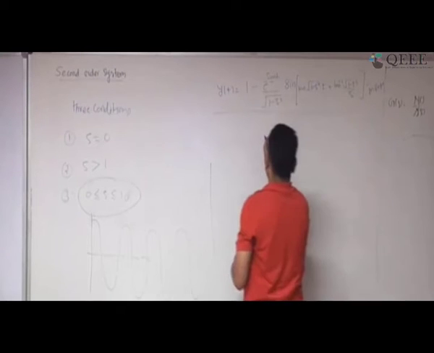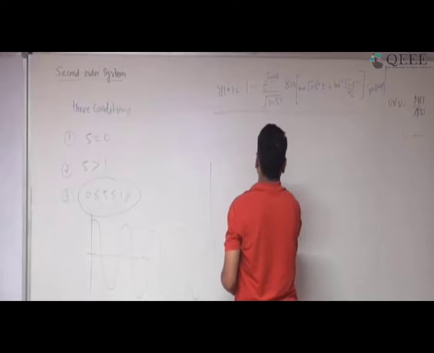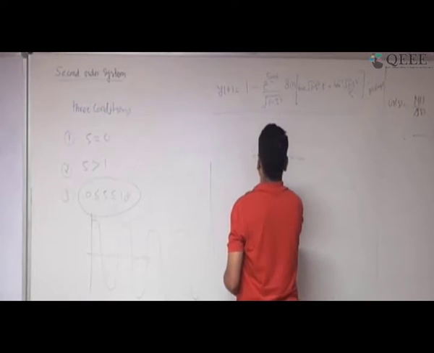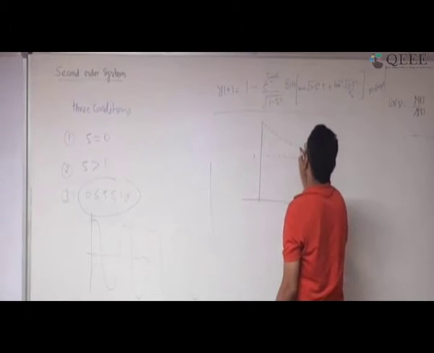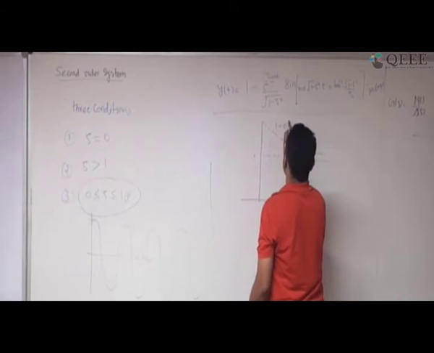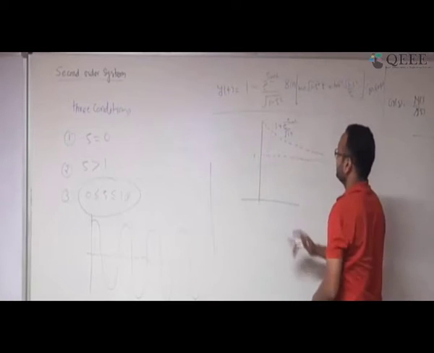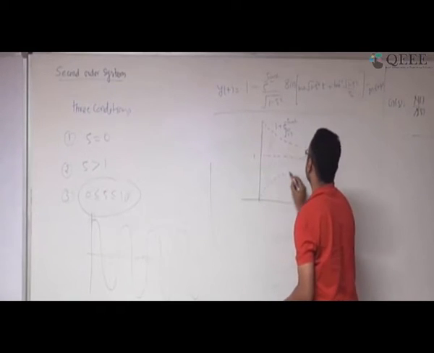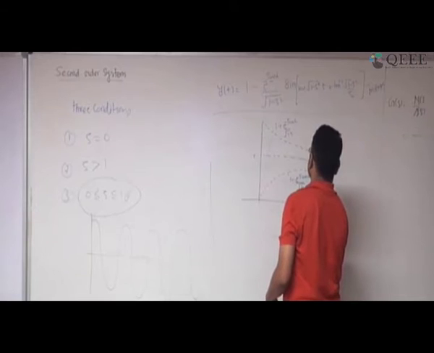So what I can say is, this is 1 plus e to the power minus zeta omega n t over the square root of 1 minus zeta square. Since this sinusoid can go plus and minus, I am writing the envelope like this. This is going to be 1 minus e to the power minus zeta omega n t over the square root of 1 minus zeta square.